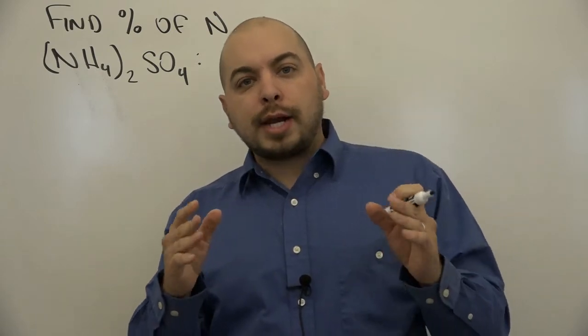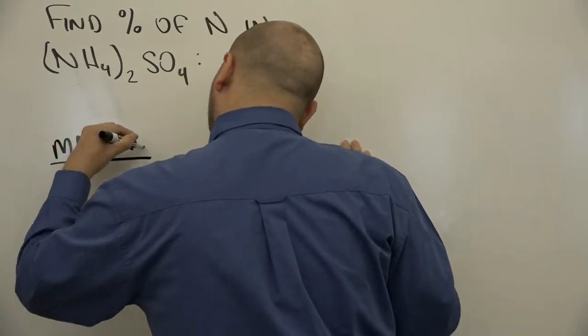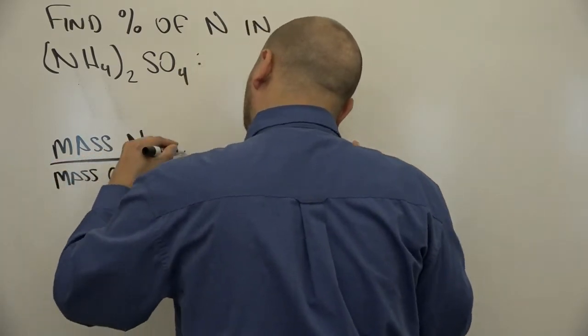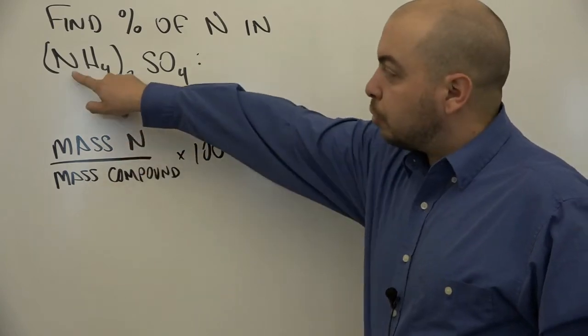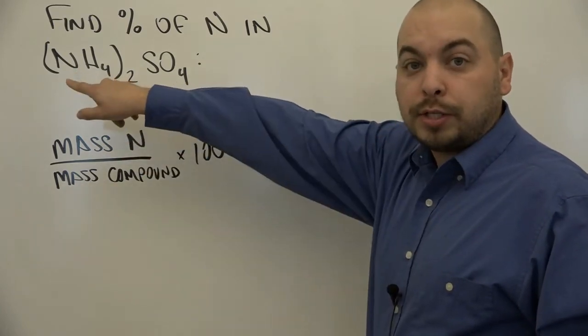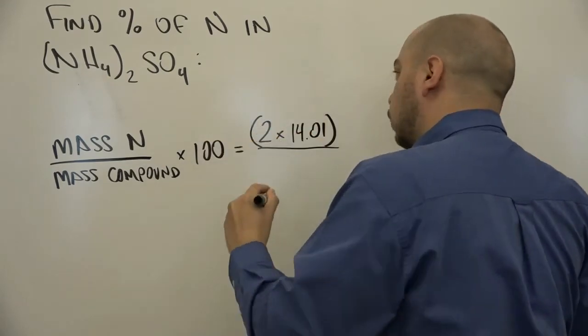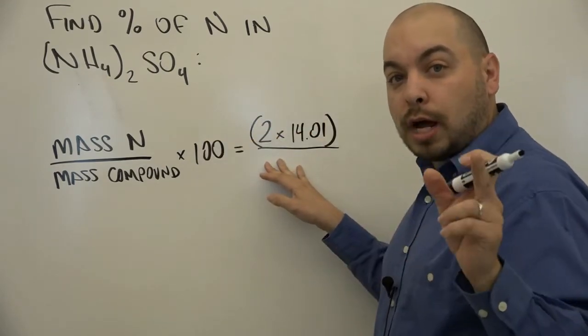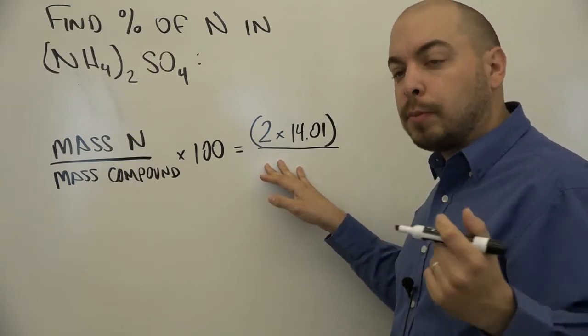First, we're going to write out our general formula. The mass of nitrogen, we said there's 2 of them, and each nitrogen weighs 14.01. And the mass of the total compound is 132.14 grams per mole.